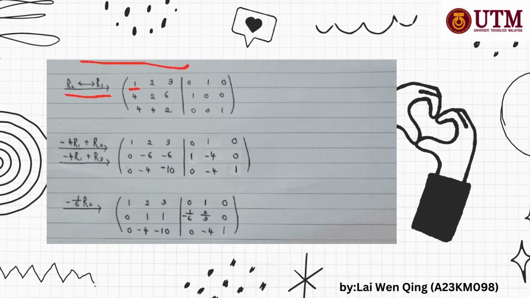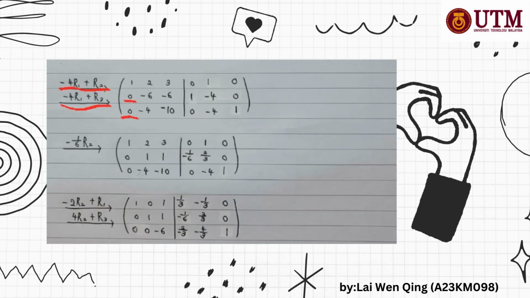After that, we should obtain the zeros under the leading one in the first column. So we multiply negative 4 with row 1 and add it to row 2 in order to get the 0 in row 2. Then we multiply negative 4 with row 1 and add it to row 3 in order to get the 0 in row 3.